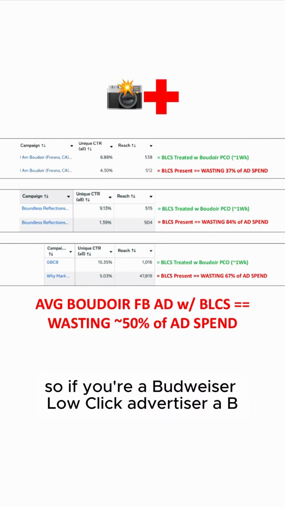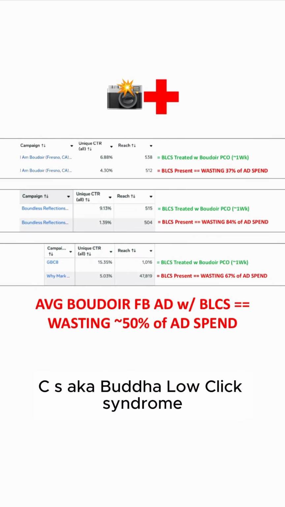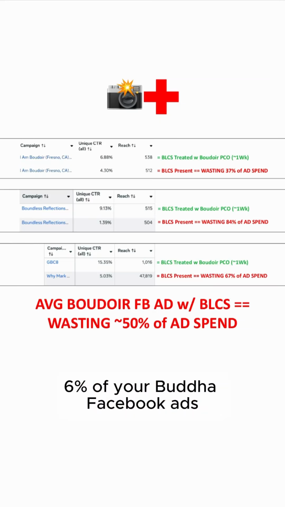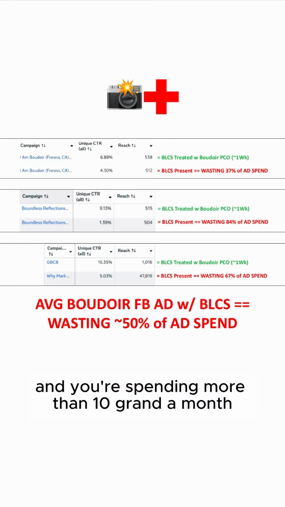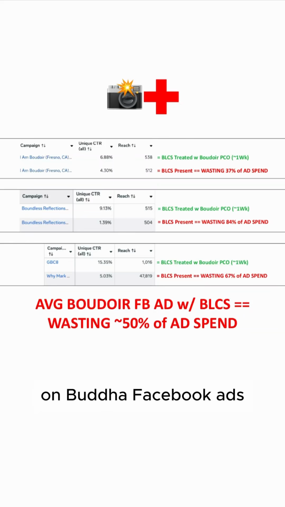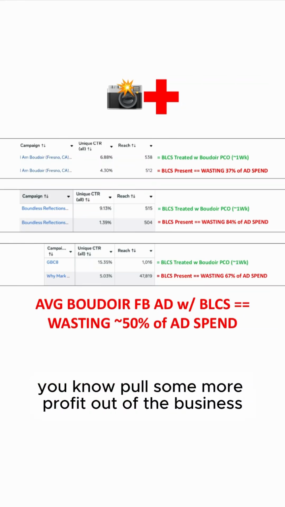All right, so if you've got BLCS, aka boudoir low click syndrome, so your unique CTR all is under 6% on your boudoir Facebook ads, and you're spending more than 10 grand a month on boudoir Facebook ads, and you want to pull some more profit out of the business.